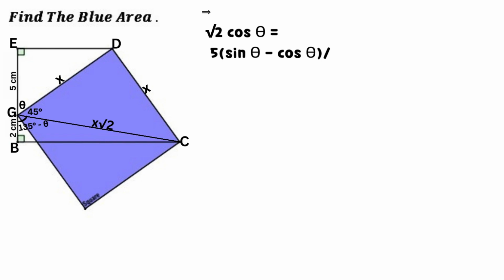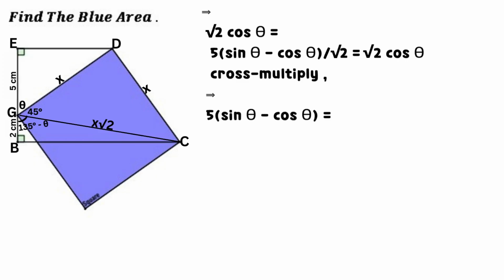This implies that root 2 times cosine theta equals 5 times, in bracket, sine theta minus cosine theta, all divided by root 2. Cross multiply and we have that 5 times, in bracket, sine theta minus cosine theta equals 2 times cosine theta.